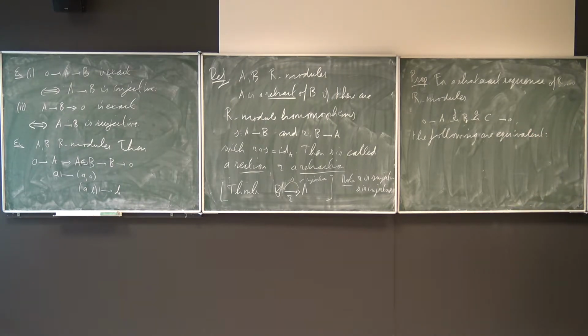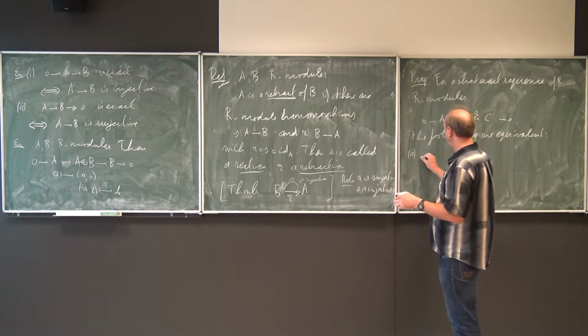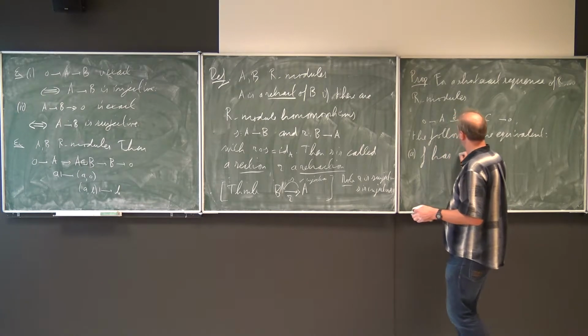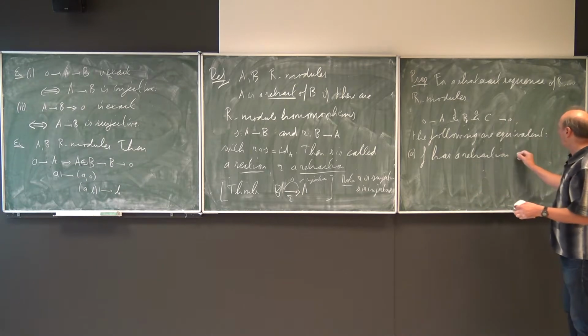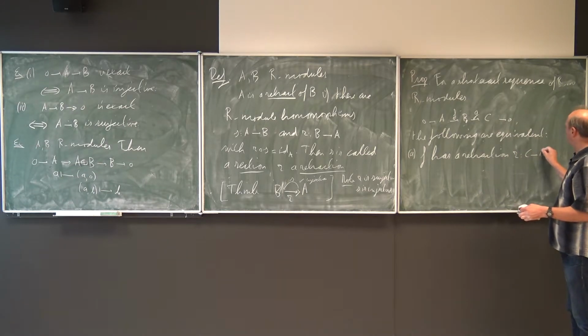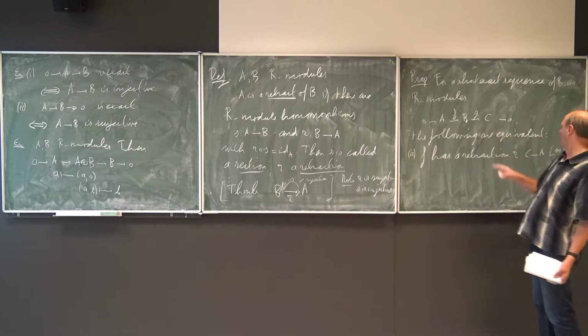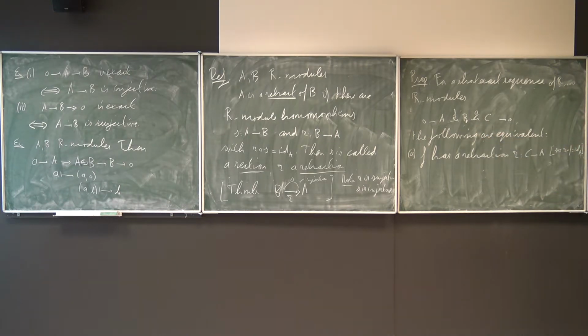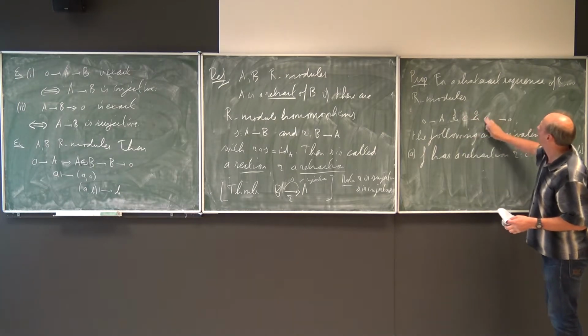Number 1: F has a retraction R from C to A. Excuse me, this cannot be right, I have interchanged C with a B here.